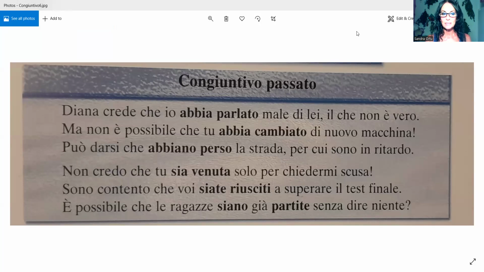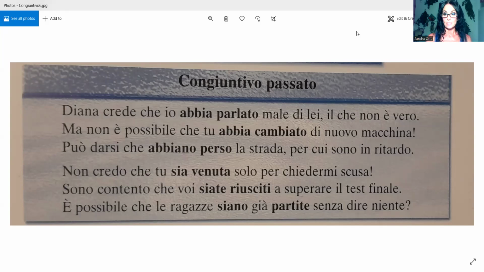You can see them a little bit with the same principle as the indicativo: presente, passato prossimo, and imperfetto. This congiuntivo passato is similar, in the way it works and in its rules, to passato prossimo. Let's see how they are similar.